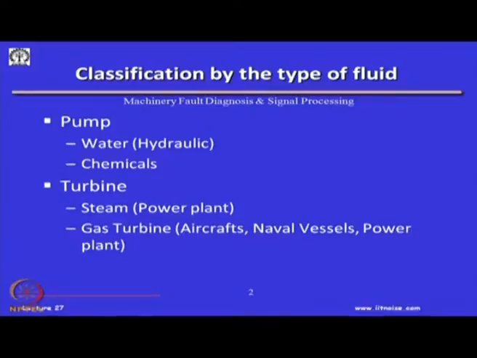So, we will briefly talk about the hydraulic turbines as well, and then of course, the gas turbines in aircrafts. Gas turbines are used to power naval vessels, and even small gas turbines of 20 megawatt capacity are used in captive power plants in many industries for generating electrical power.